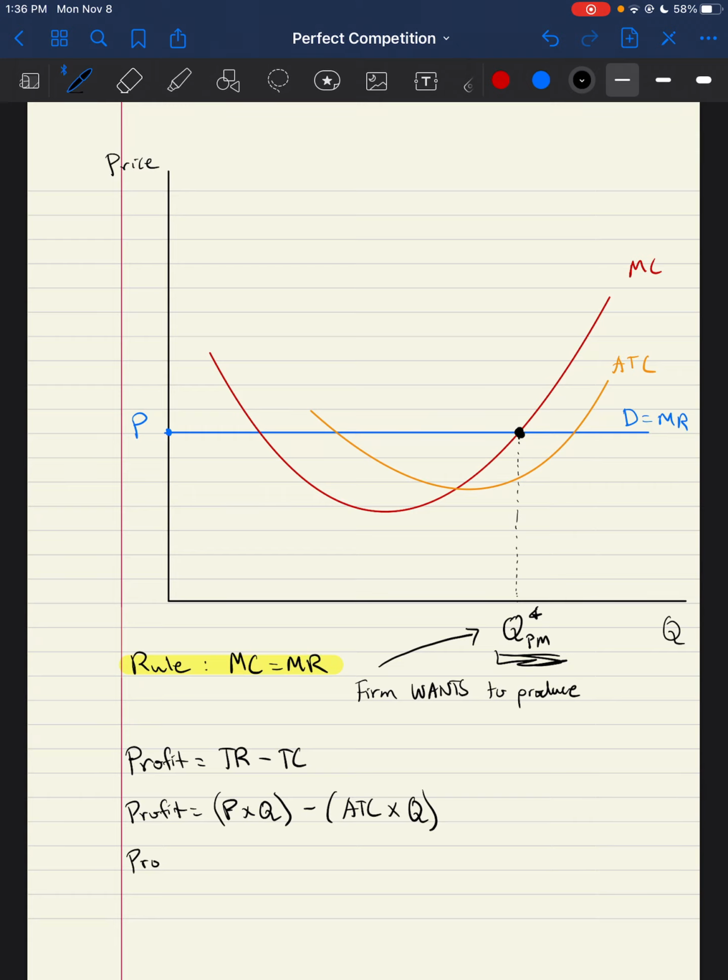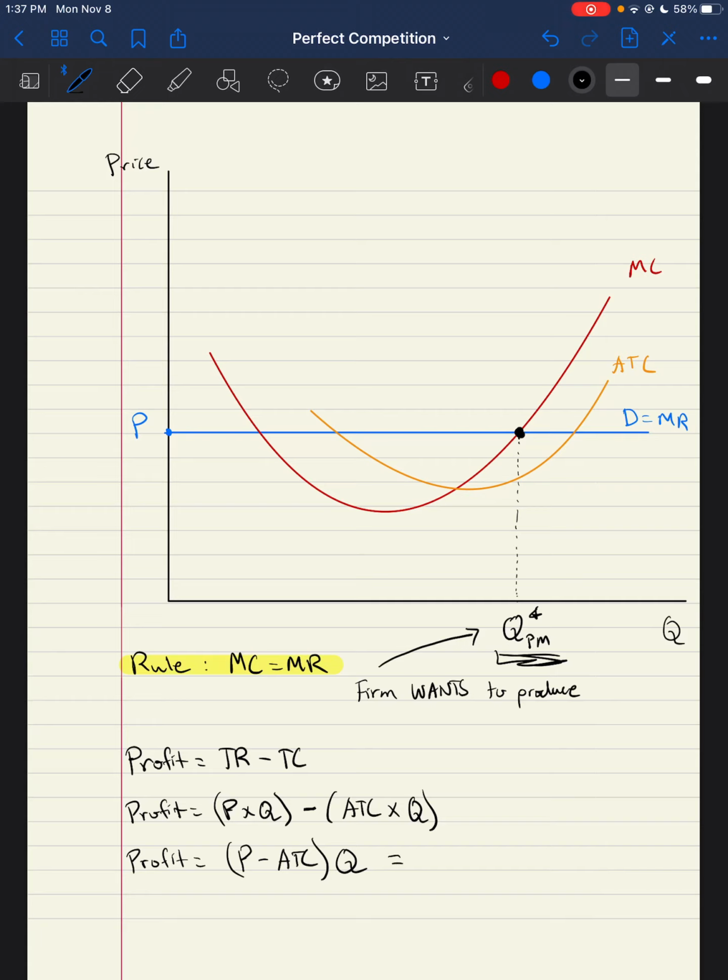But now let's continue to simplify this even more. We have our P times Q, and then on the right hand side we have our ATC times quantity. The like variable here is our quantity, so we could actually just factor out the quantity, and we'll be left with P minus ATC times Q, because we're taking the Q variable out of both of these terms.